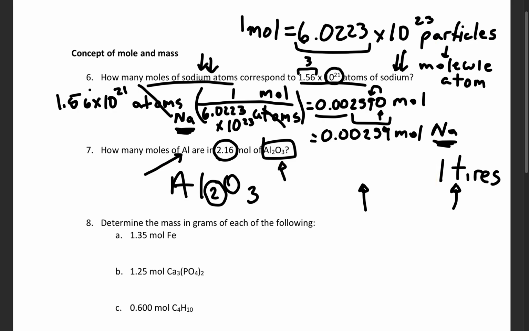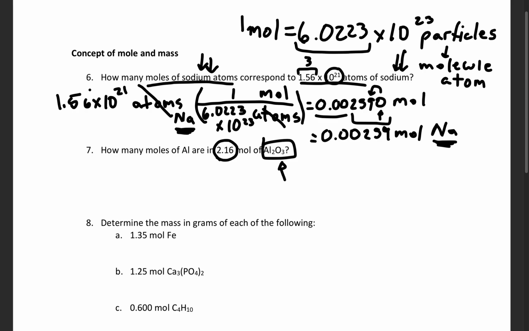The way that I would do this and accentuate my knowledge and let the professor know that I know what I'm doing, I would say this, okay, 1 mole, I'm going to set up a conversion factor of aluminum oxide is 2 moles of aluminum. So there is your conversion factor.